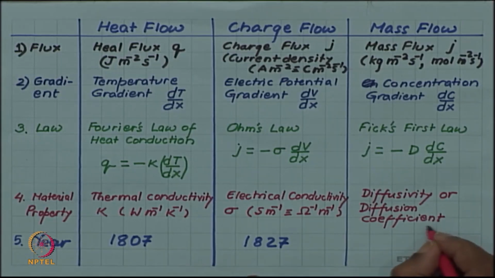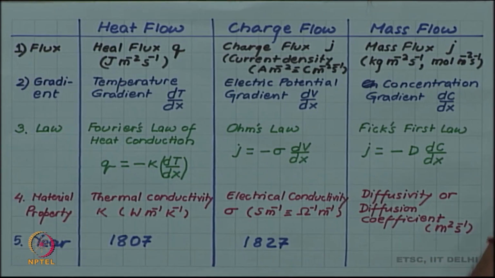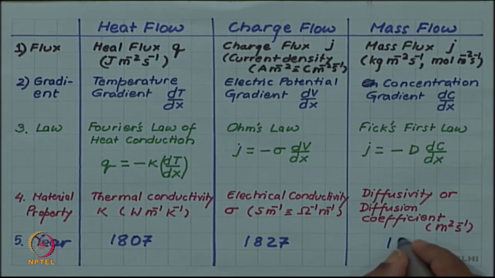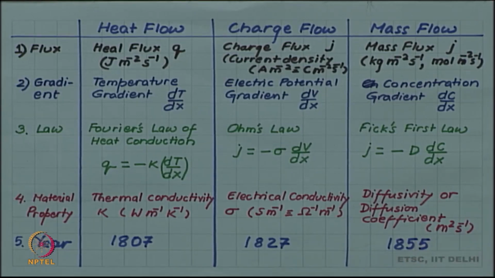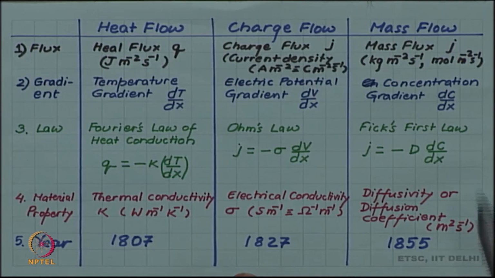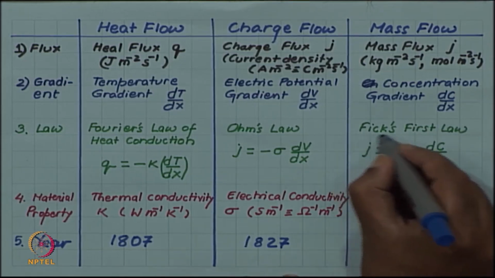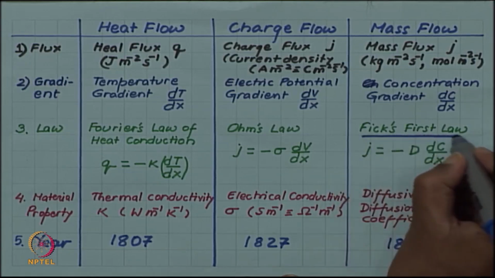The units of this is meter square per second, and this was in 1855. So, you can see another 28 years passed before Fick could establish his famous first law, that the mass flux is proportional to the concentration gradient. This will be an important law for us in the study of diffusion.